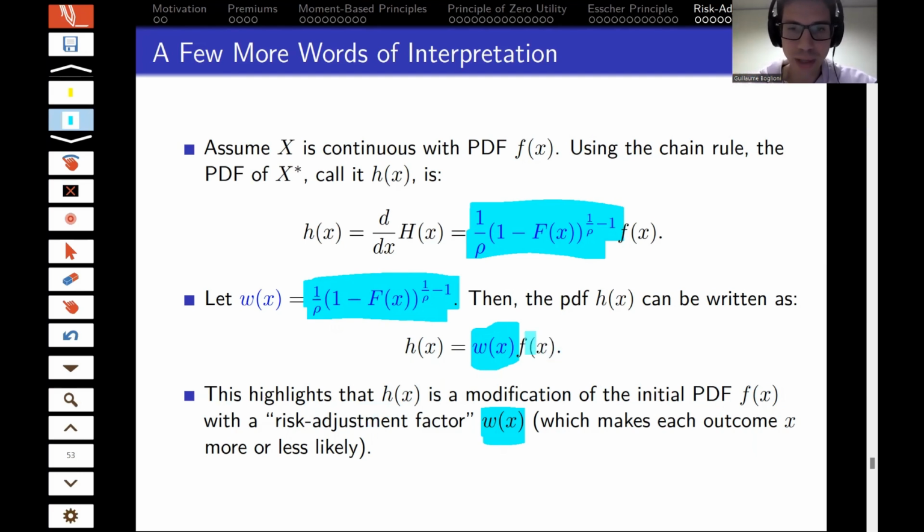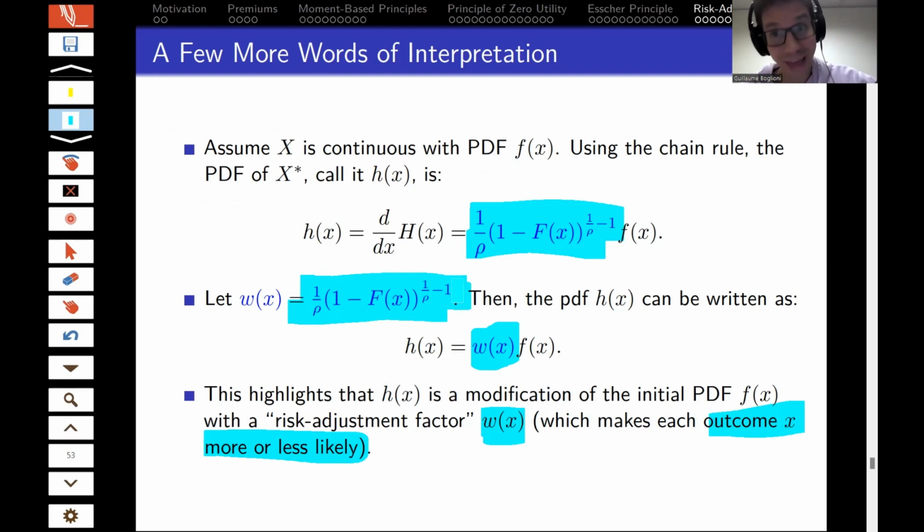You multiply the initial density by some value. So this weight makes each outcome x more or less likely compared to the initial X. But this weight, you can easily show, is an increasing function of x.